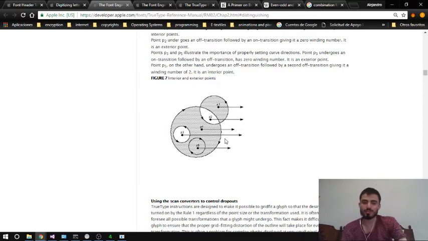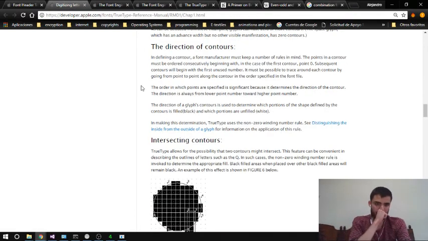It's going to be different if we use the even-odd rule or the nonzero winding number rule instead.